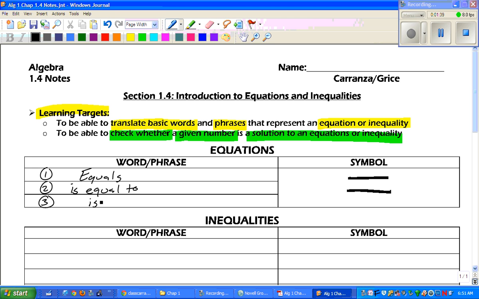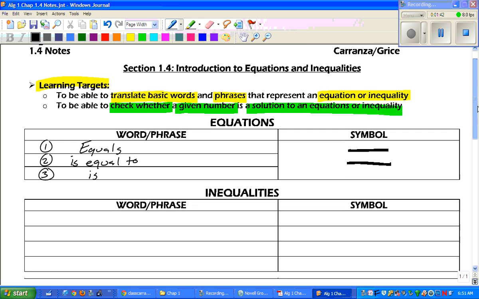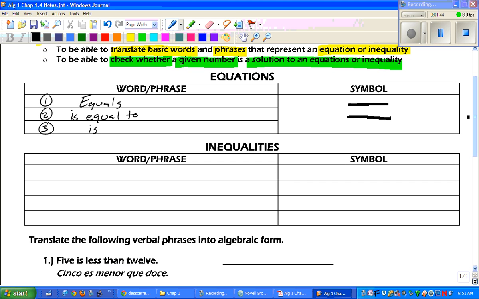Okay? Now, the next one that we're going to be talking about are inequalities. And there are 4 different inequalities. So we're going to have 4 different symbols. Some of these you might have seen before. Now, the first symbol that we're going to talk about is this guy. Try to make that symbol with your hands.